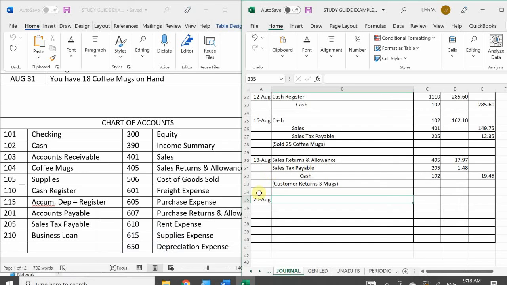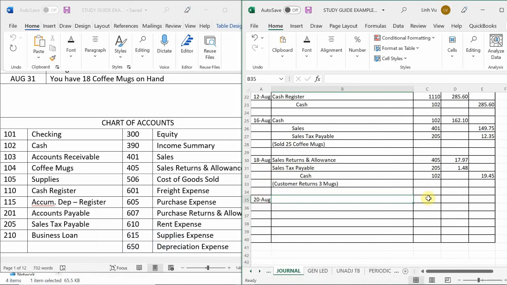Sales, sales tax payable and accounts receivable. Good. Okay.